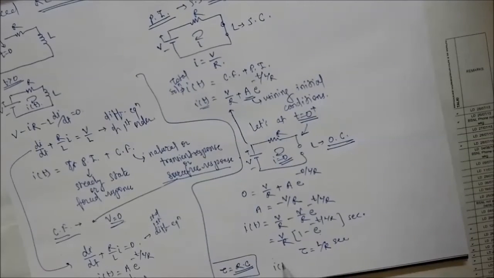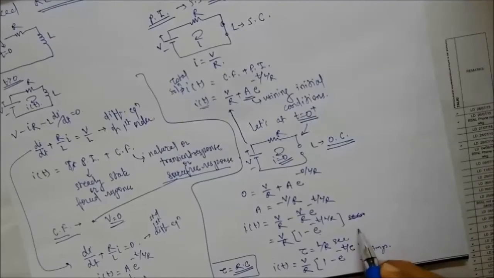So we can write i(t) is equal to V upon R into bracket 1 minus e to the power minus t upon tau amperes.